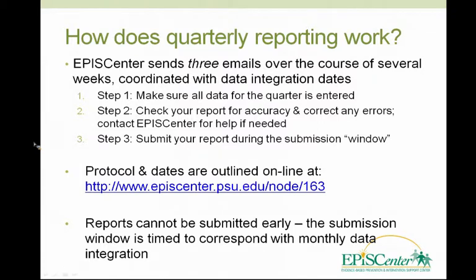They have time to do that because they've looked at their report ahead of time. They contacted us for help because we needed to help them identify where that problem was coming from. And now, when data integration occurs again right before reports are due, their average age is looking more reasonable. It's looking like the actual average age.